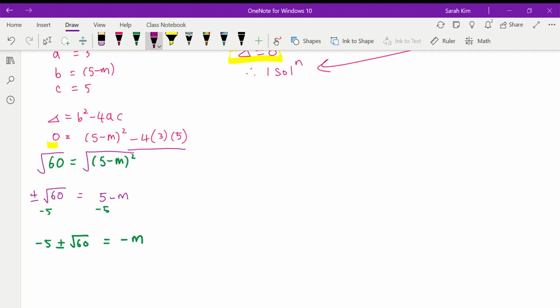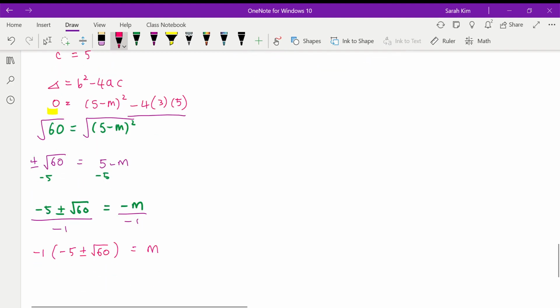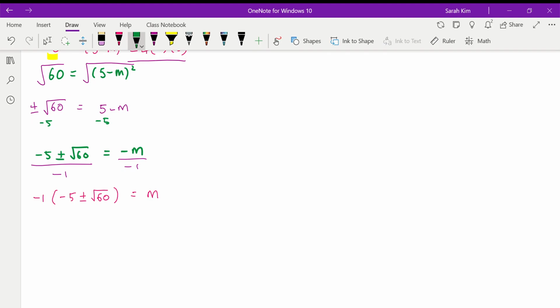So all I have to do is divide it by a minus factor. I'm going to put a minus 1 in front of it. What that means is whatever the two answers are, it'll just be a minus of it.